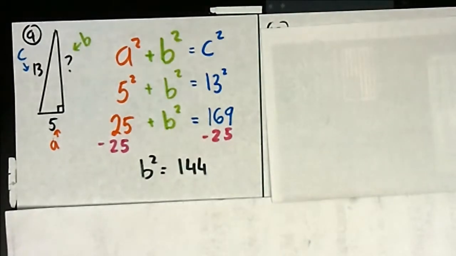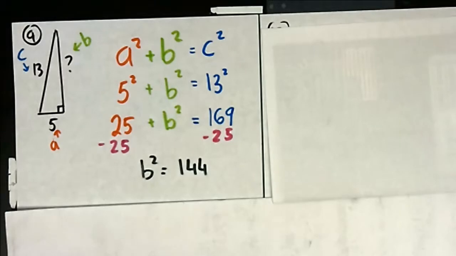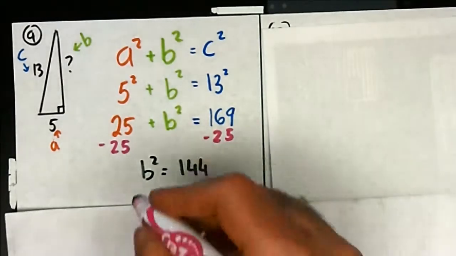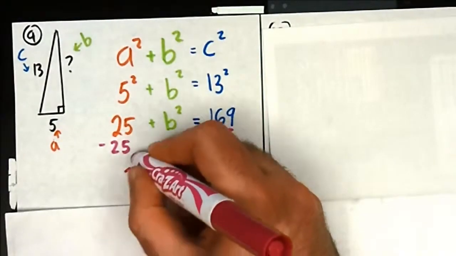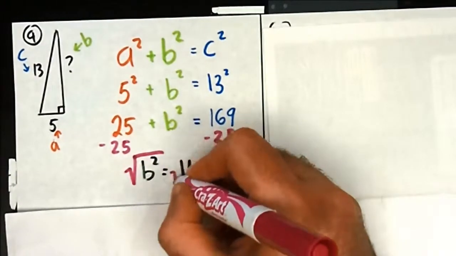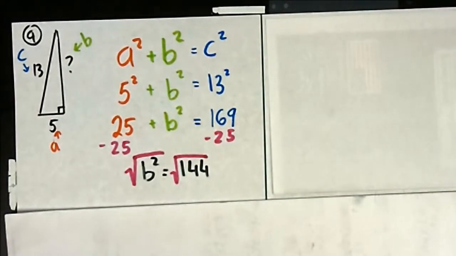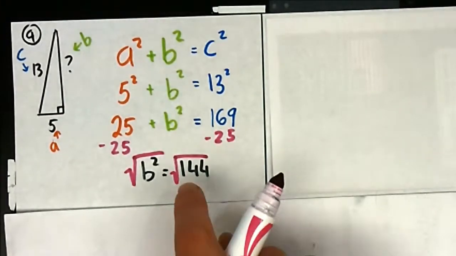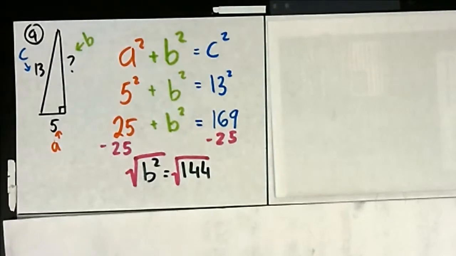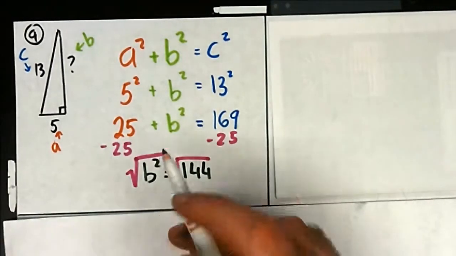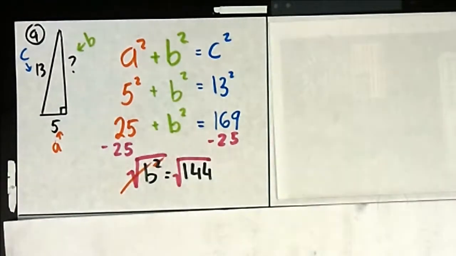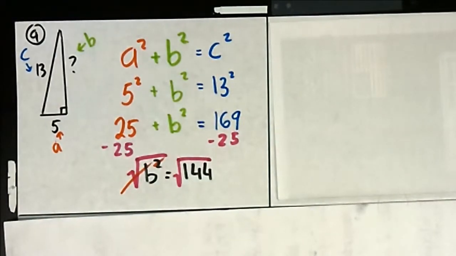What's my next step? Well, I don't want B squared, I want B, just B. So I'm going to get rid of this power of 2 by taking the radical of second power from both sides. And again, it's second power even though I didn't write the 2. What is the exponential form of 144? 12 squared.